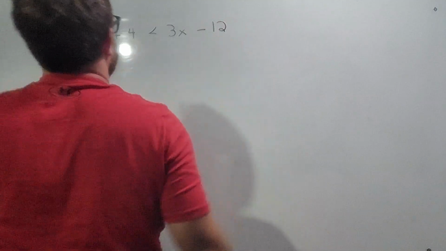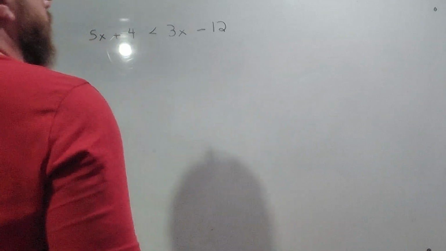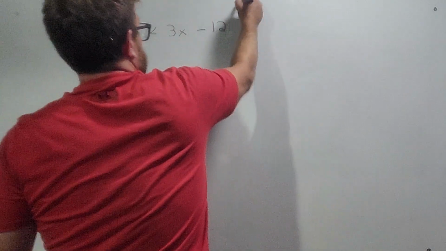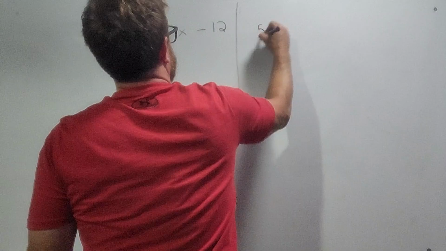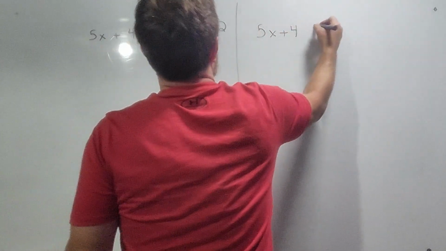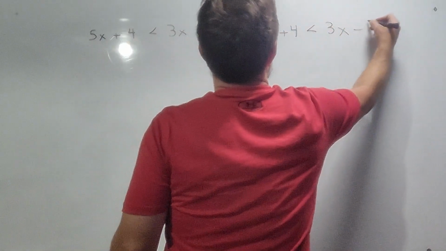Yeah, that ought to do. And I'm going to basically do exactly the same equation over here. So 5x plus 4 is less than 3x minus 12.